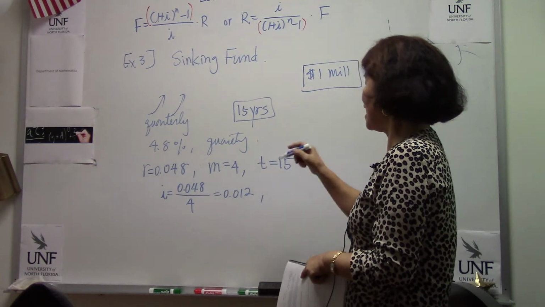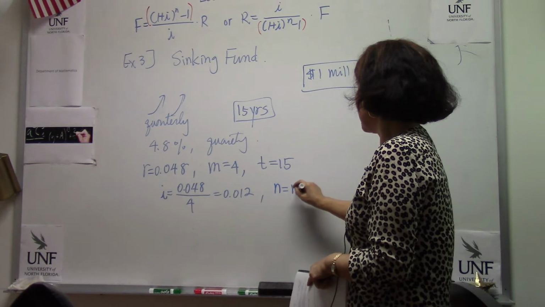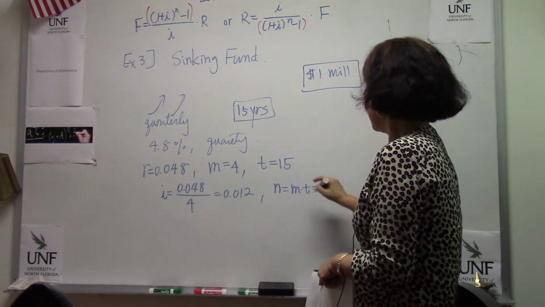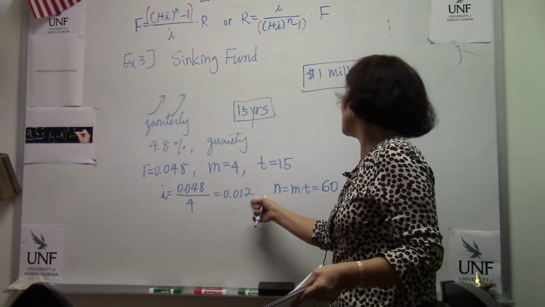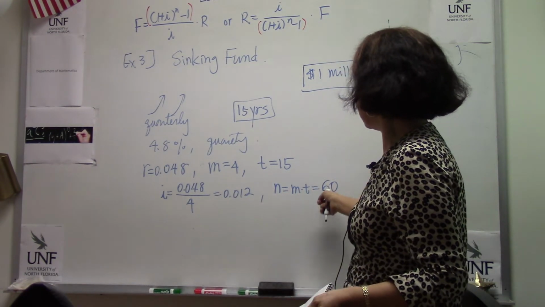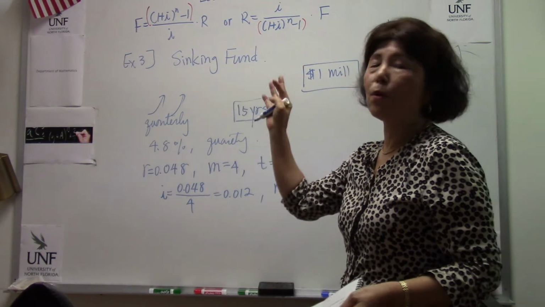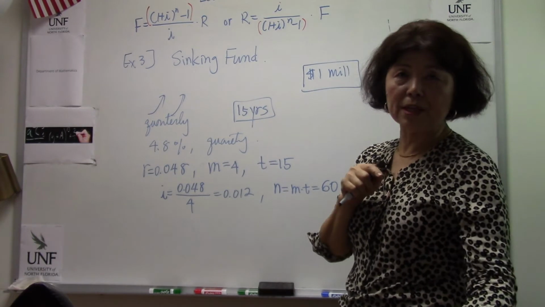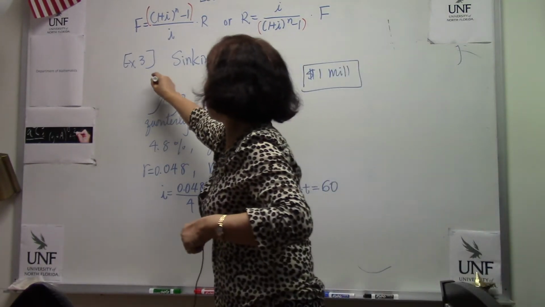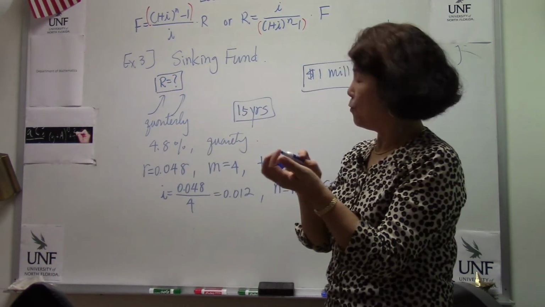And how many times are they going to deposit? That is N. N equals M times T, so 4 times 15 gives you 60. So the city government will make 60 deposits. As a result, they are going to have a lump sum of $1 million in 15 years. The question mark is how much they are going to deposit every quarter year.